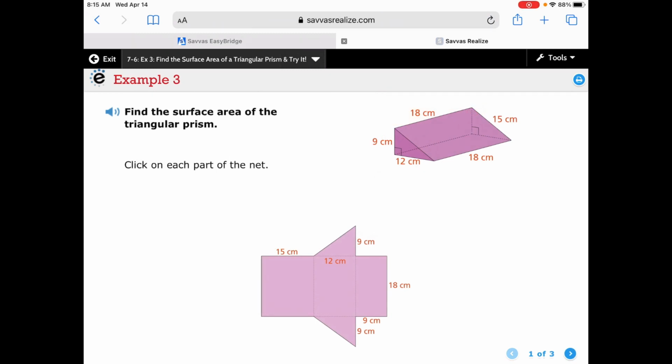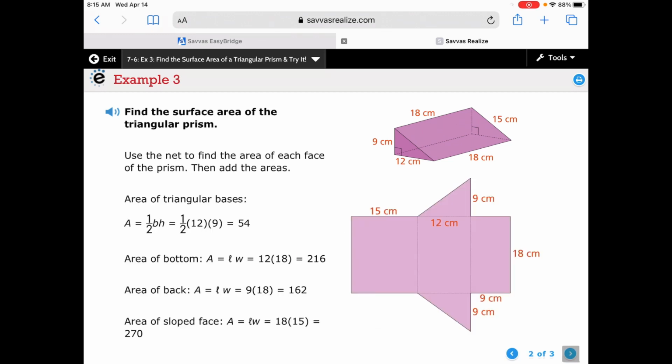All right, everybody, let's turn to page 439 in our books. It says, find the surface area of the triangular prism. What they do, and this is an option as we talked about, is look at the net, basically the unfolded version of this prism. We see that we have 3 different types of rectangles and then 2 similar triangles on top and bottom.